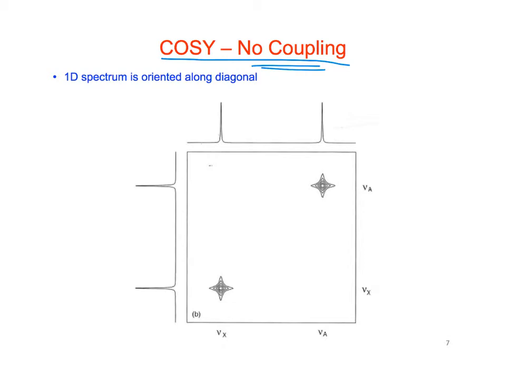The one-dimensional experiment here essentially follows the diagonal. So this is what would be the one-dimensional experiment. The top here and over here are the projections.